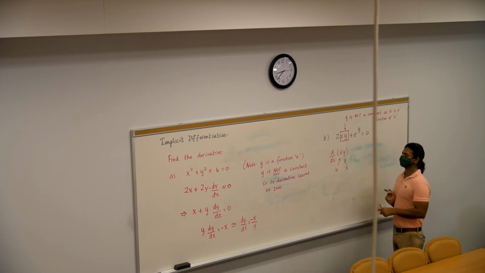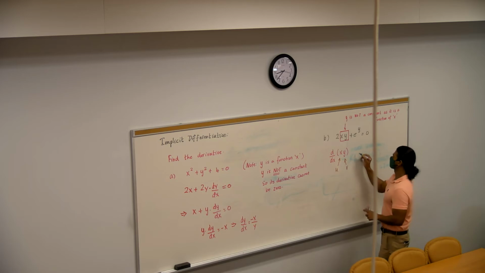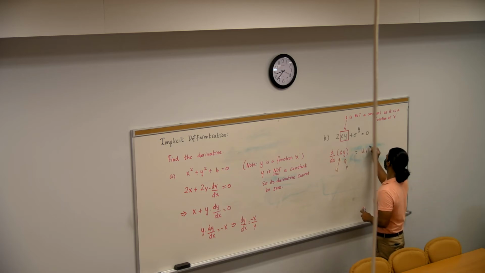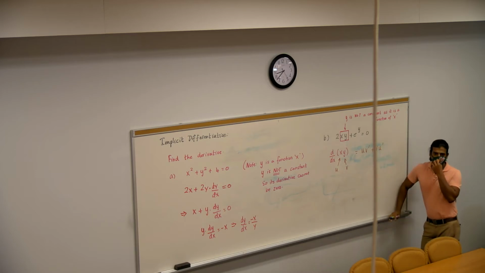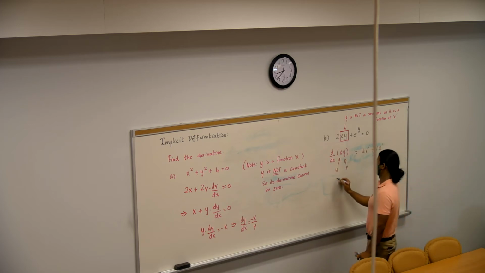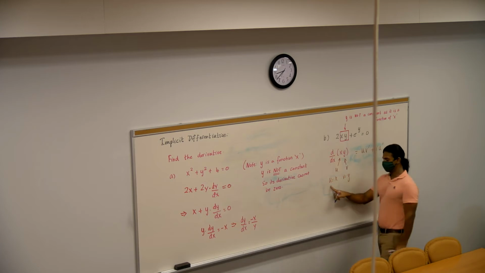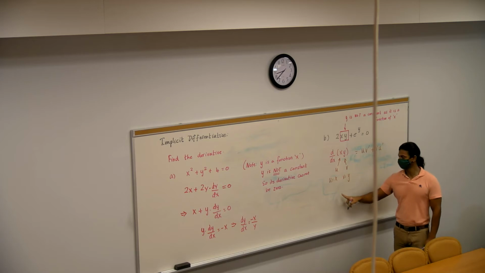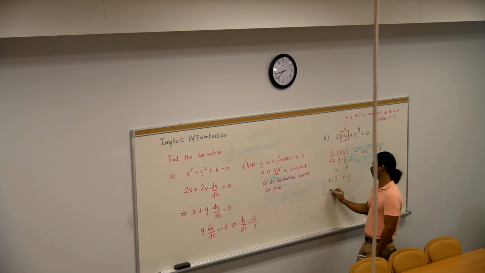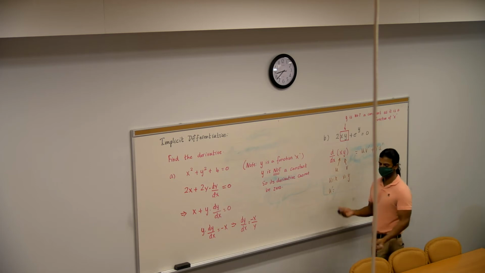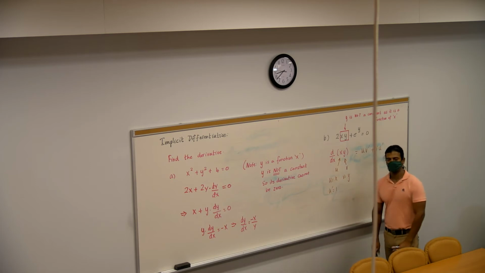And if we use product rule, the derivative would simply be u v prime plus v u prime. U is simply x, v is just y, u prime is the derivative of x with respect to x, which is 1, easy enough.